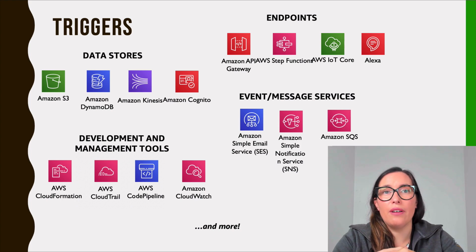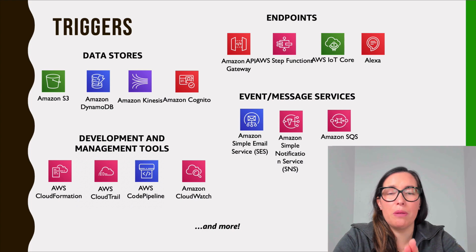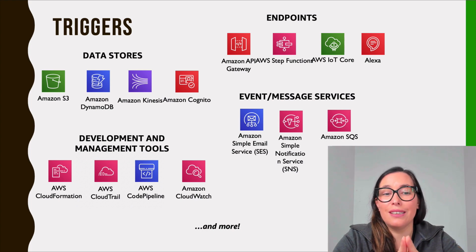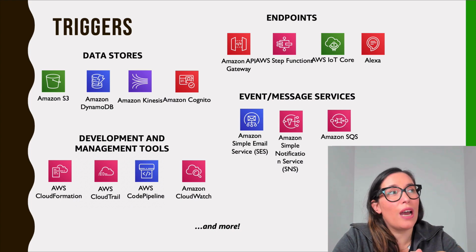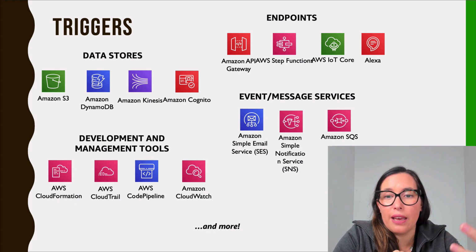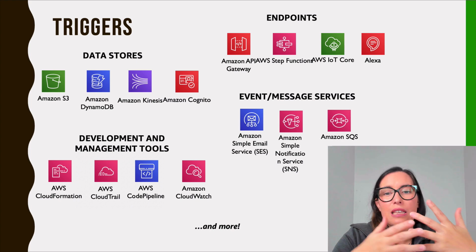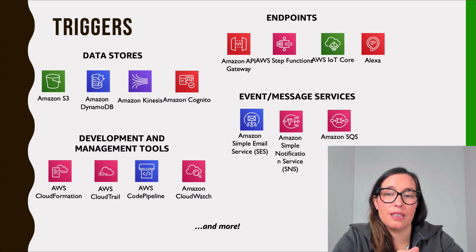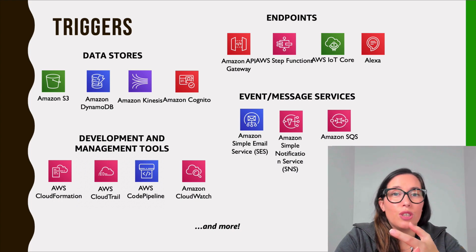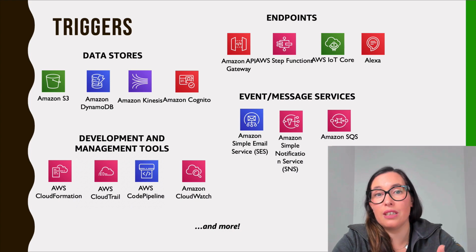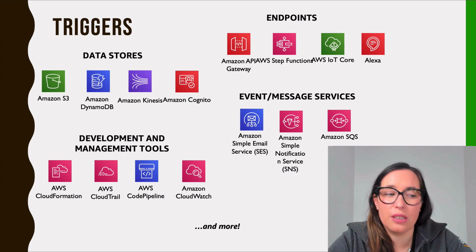Or we have X amount of memory in our EC2 instances, and that triggers a Lambda. We have a pipeline going on, and we trigger a Lambda to do some validations. API Gateway, AppSync, Step Functions, all these kinds of things can trigger Lambda, Alexa. Also message events like queues, notifications, emails, all of these things can trigger Lambda, and way more things as well.